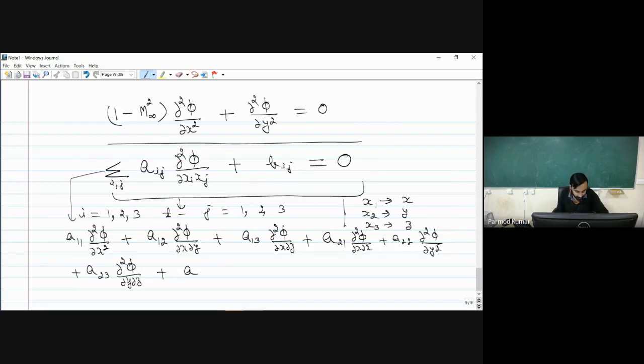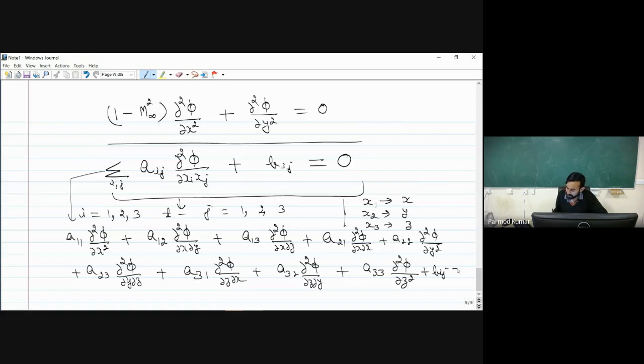So a31 into del square phi by del z del x plus a32 into del square phi by del z del y plus a33 into del square phi divided by del z square, plus some b_ij equal to 0.